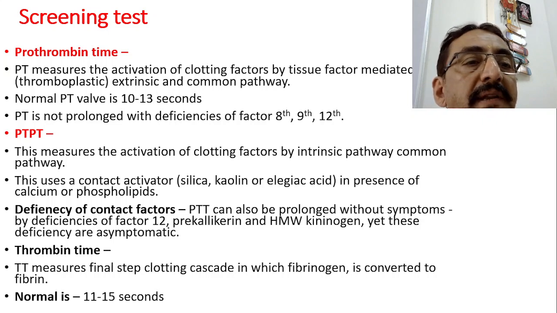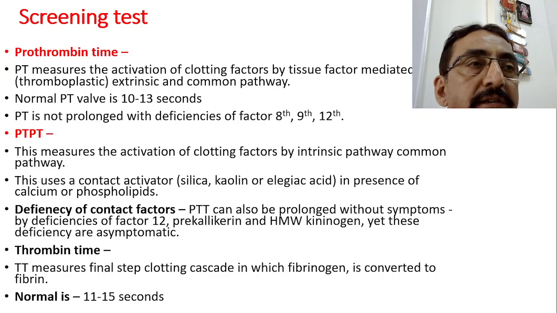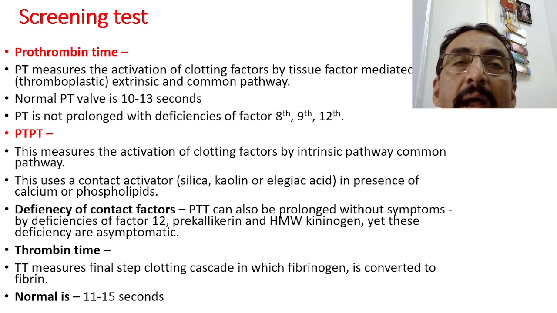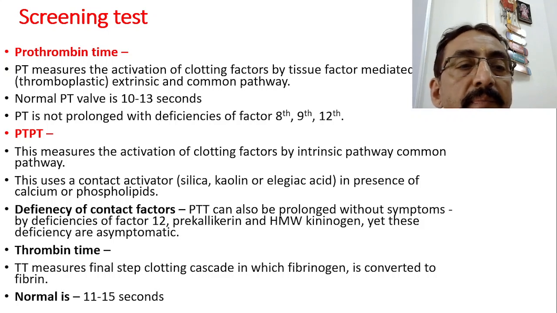Now another one is APTT, activated partial thromboplastin time. This measures the activation of the clotting factors by the intrinsic pathway and also the common pathway. That one is for the extrinsic pathway and common pathway.